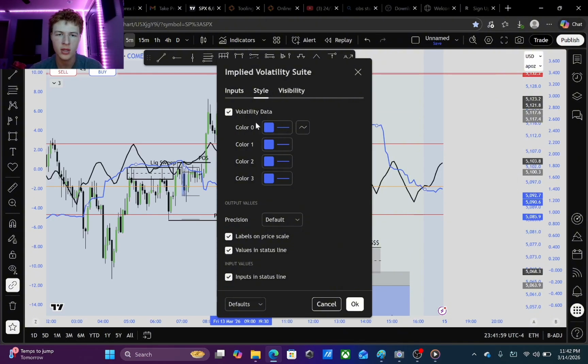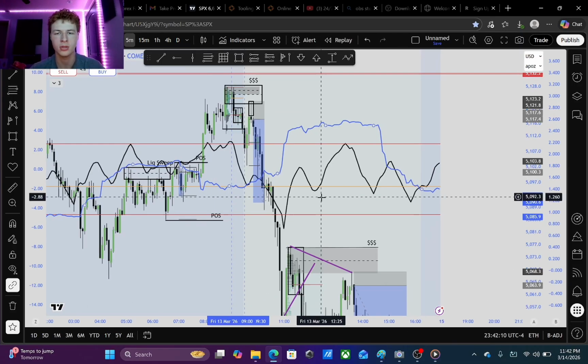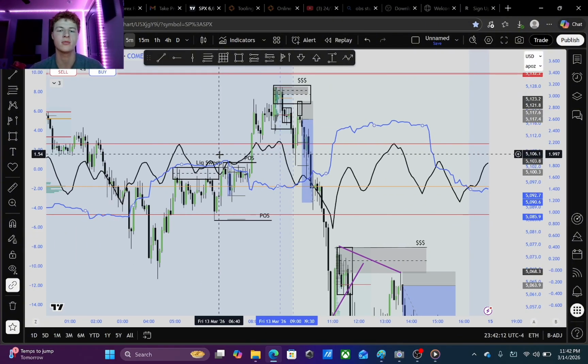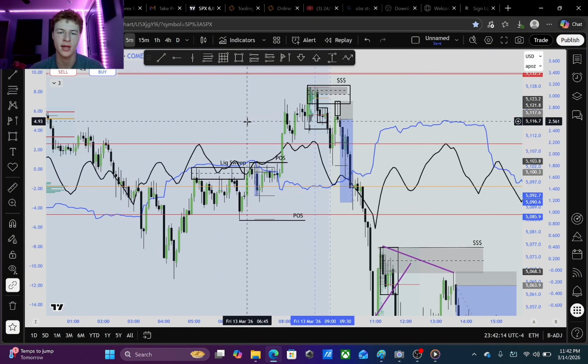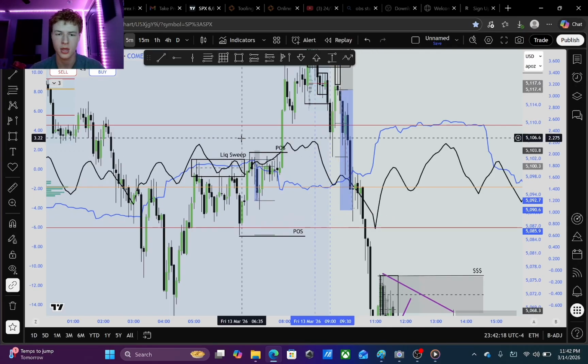I don't know what my settings should be at, but I guess these are it. So good luck. I don't know. But yeah, so basically we'll go over my trades from Friday the 13th.